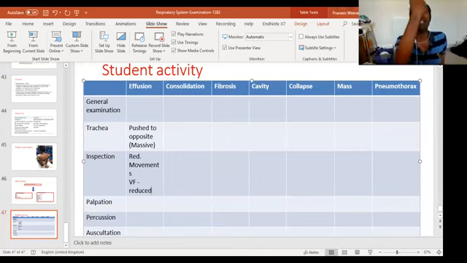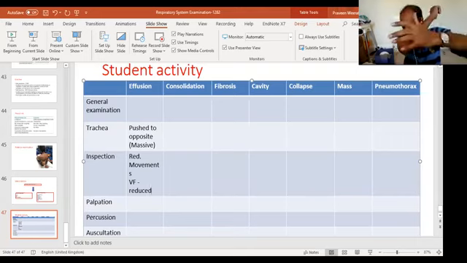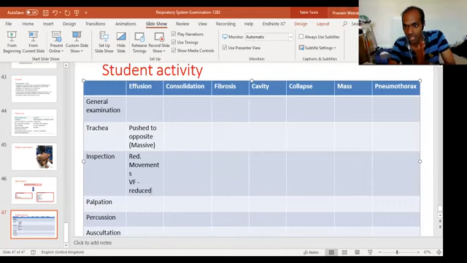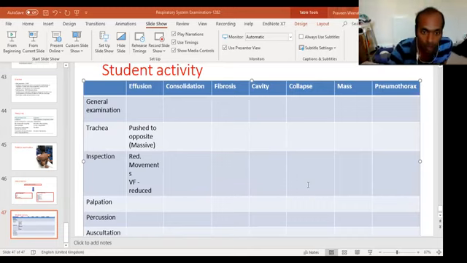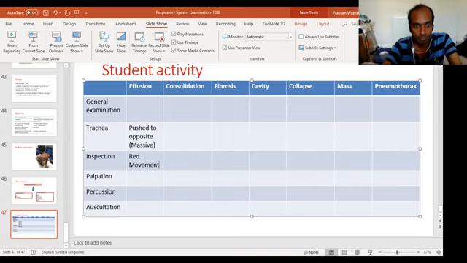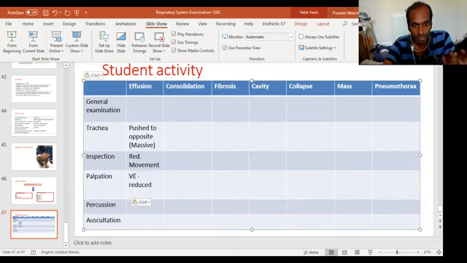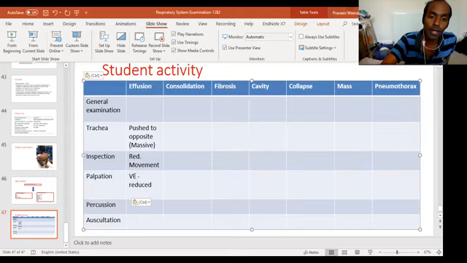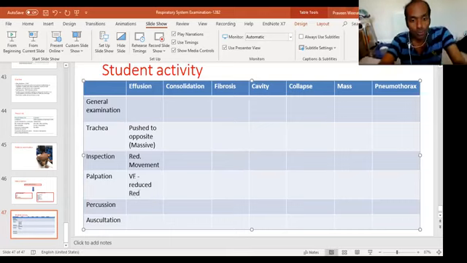I taught you that we are checking the vibration going down through the bronchial tree across the chest wall onto your hand. In a pleural effusion, there is fluid in the pleural space which is stripping the pleurae apart, and that causes reduction in vocal fremitus. I'm sorry, I'm talking about palpation. So inspection is just reduced movements. Palpation: reduced vocal fremitus, and also reduced movements.